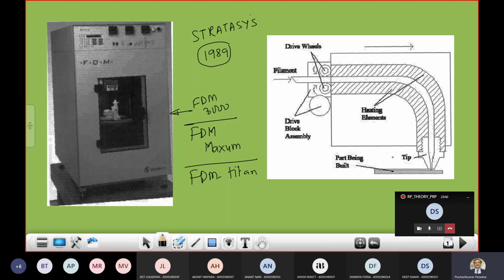As I told you, the diameter of your filament gets reduced. That's the reason I used the words extrusion based rapid prototyping technique. And at the bottom side, you can see the part being built.